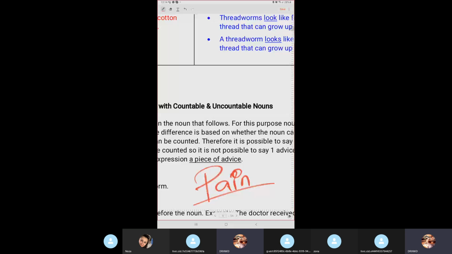Dr. Narjinder, is pain countable or uncountable? I guess it's countable. Like we say, he has pain in groin. It's a particular thing. While on the other side, we say multiple sites of pain.